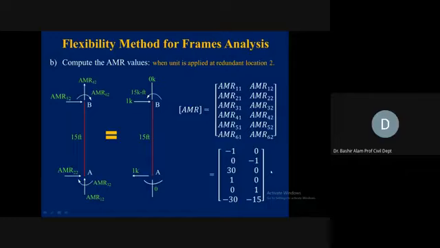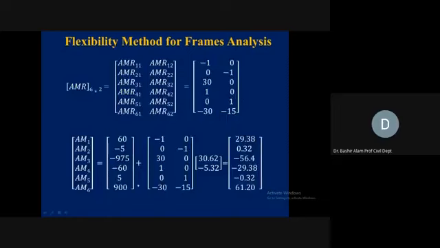After this, we write these AML and AMR values here at their locations. We find the product of these two, add this with this one, and thus we find the AM values.